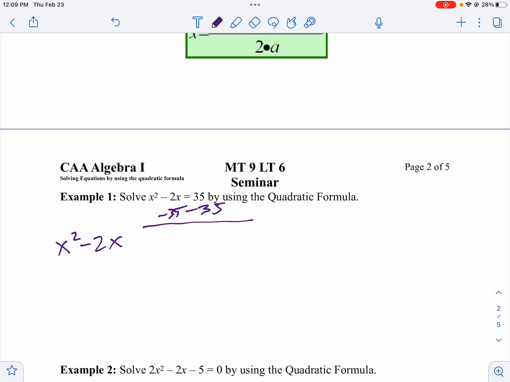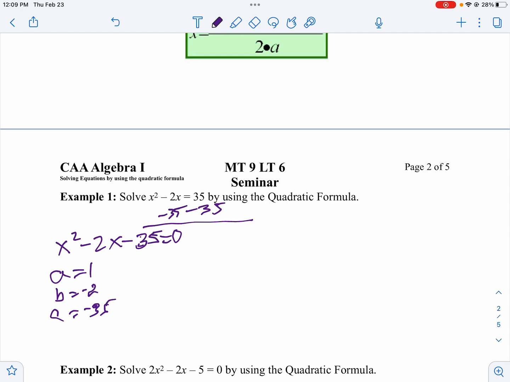So in this problem, a is 1, because the number in front of x squared is 1. The number in front of x is negative 2, so that's going to throw a little wrench at us. So b is negative 2, and then c is negative 35.